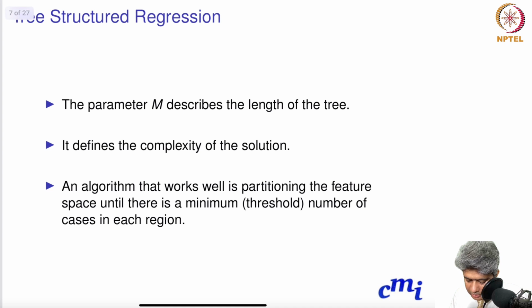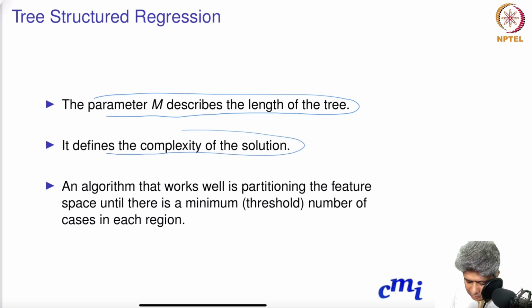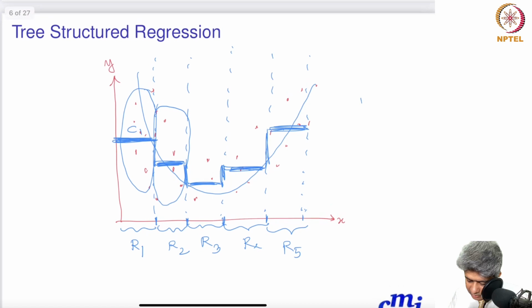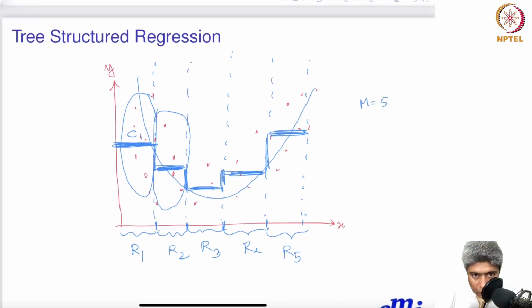Here the parameter m describes the size of the tree. This defines the complexity of the solution, and it is very important. Here I have taken m equal to 5. If you choose a different m, the fit could be bigger or smaller, or smoother. So the smoothness will depend on the value of m.